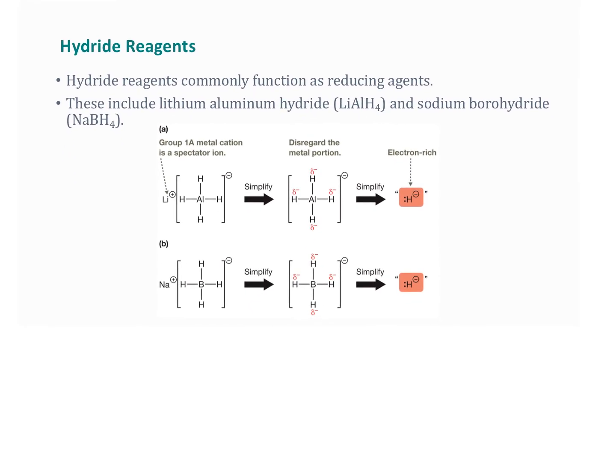Hydride reagents commonly function as reducing agents. Organometallic compounds or organic compounds can undergo oxidation reduction reactions, and hydride reagents are used in those reactions where they cause something to be reduced. Common hydride reagents are lithium aluminum hydride and sodium borohydride. We can see their full forms here, but we can simplify them.